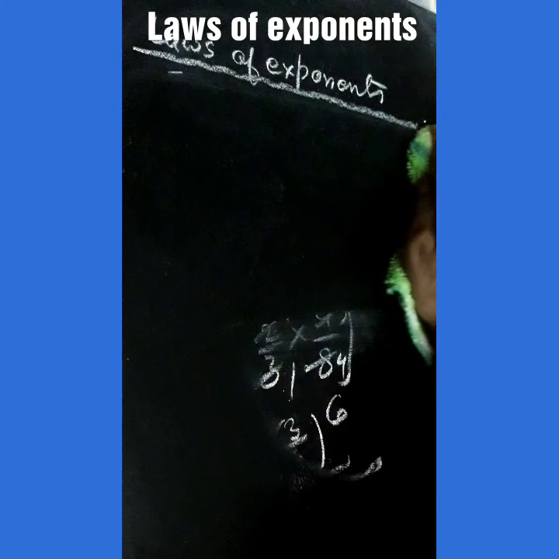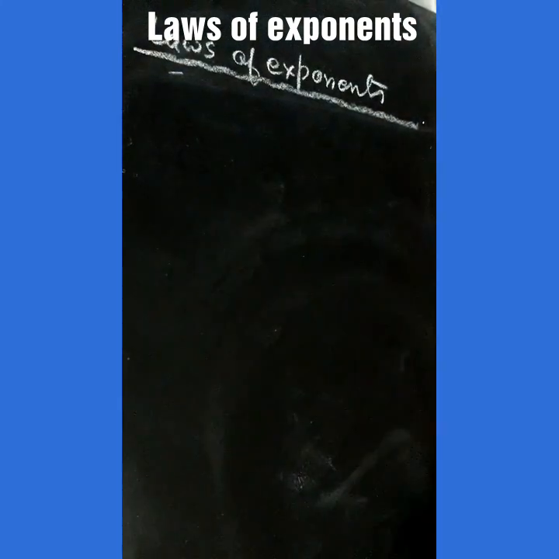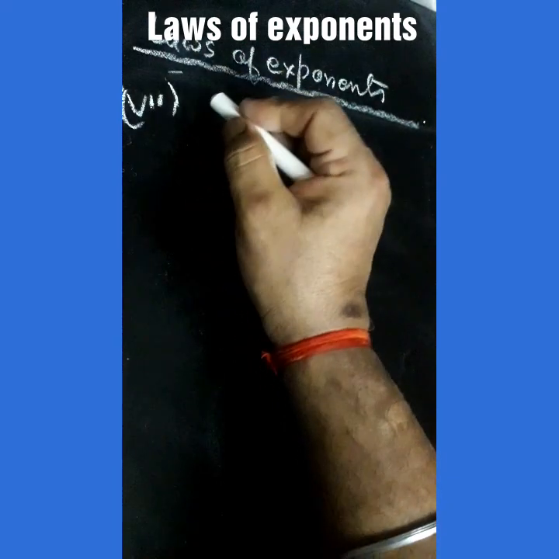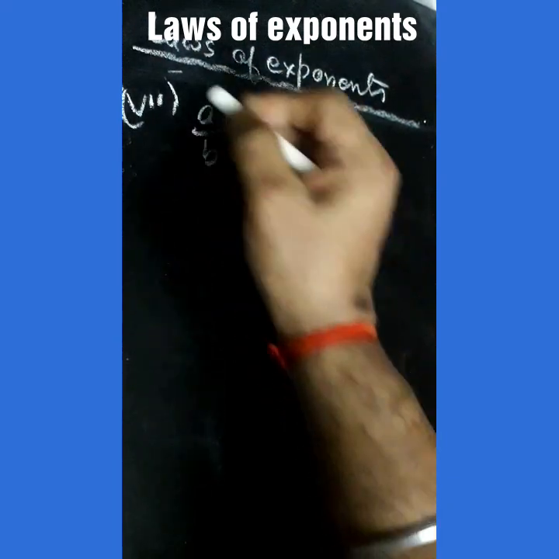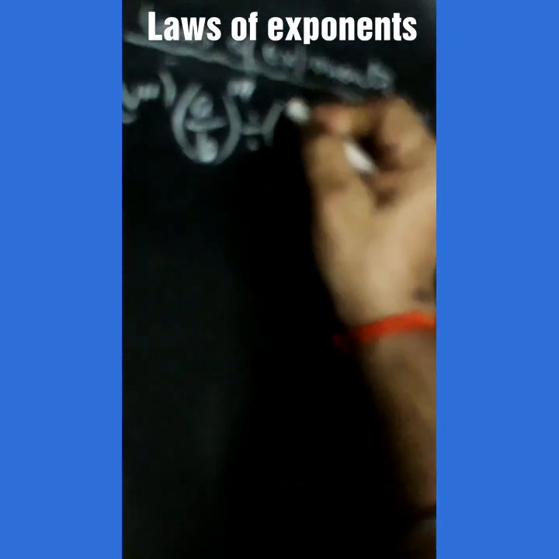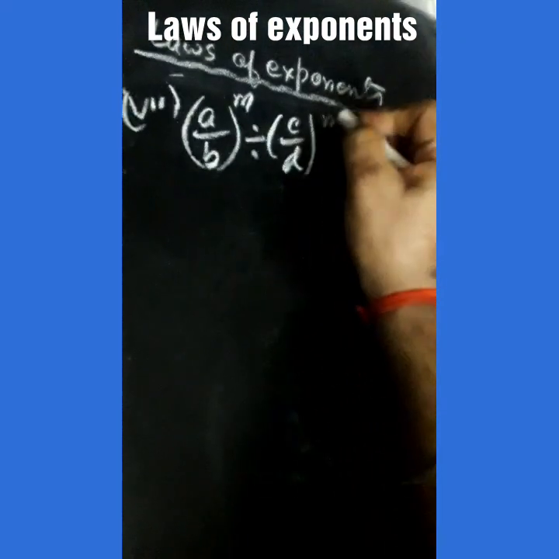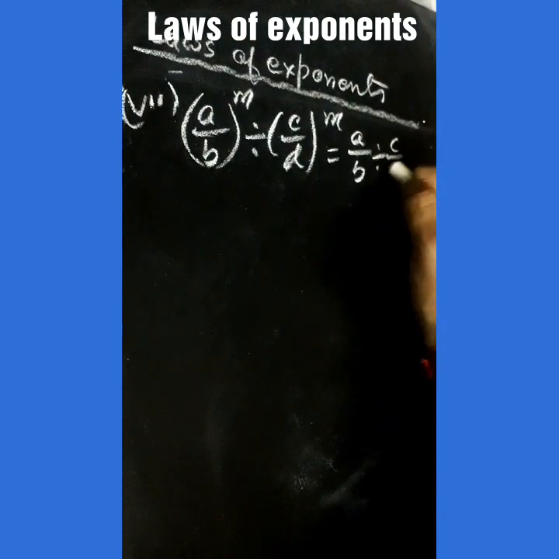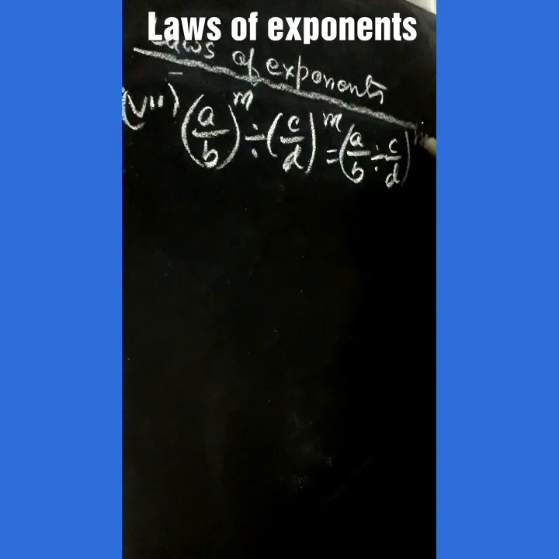Let us see seventh law. According to this, (a/b) raised to the power n divided by (c/d) raised to the power n will become (a/b divided by c/d) raised to the power n.